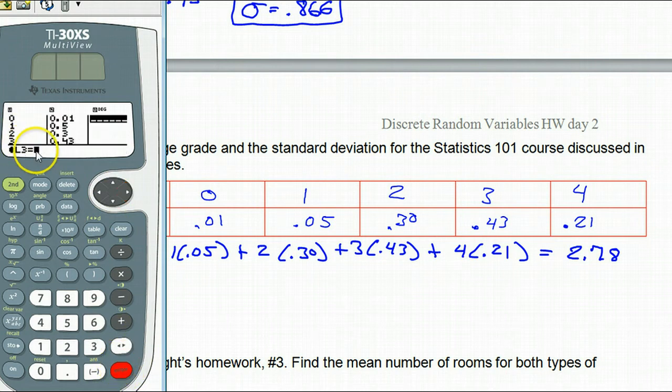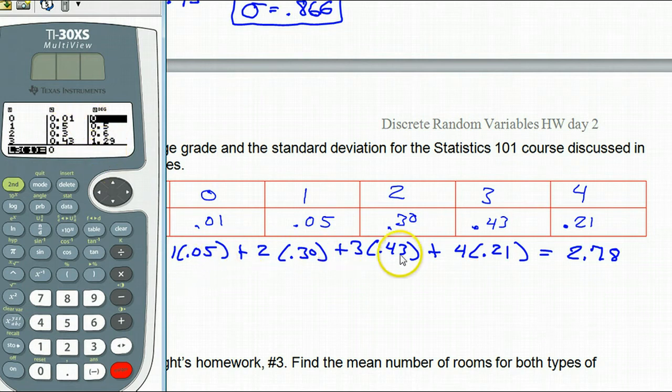So this says L3 equals. If I hit data and L1, then I've got L1 so far. If I hit data and L2, now I have list 3 equals list 1 times list 2. So there's the product. These are all my xp's.